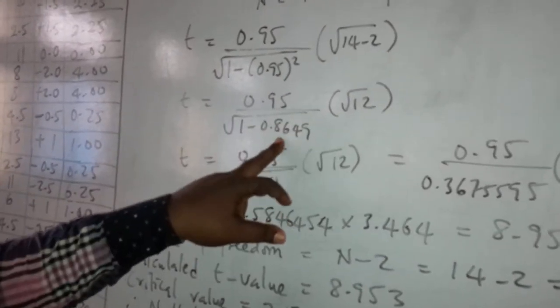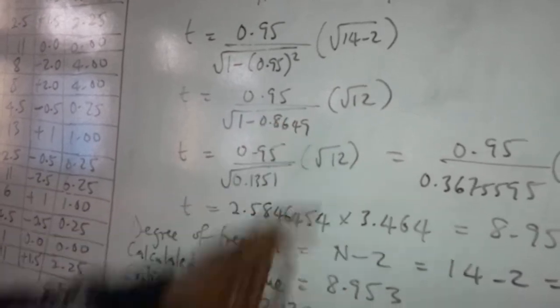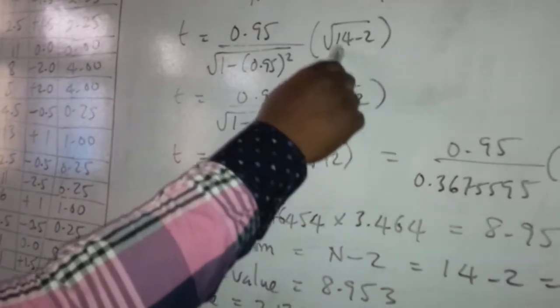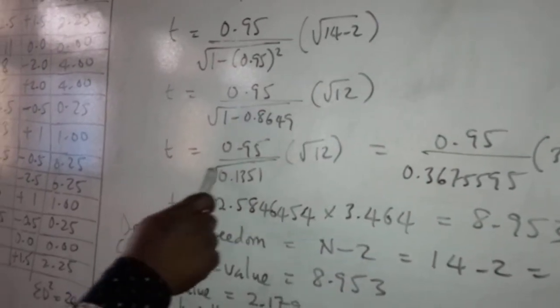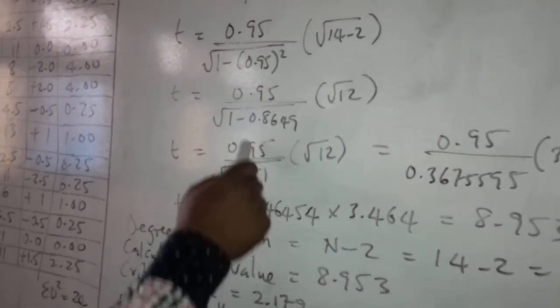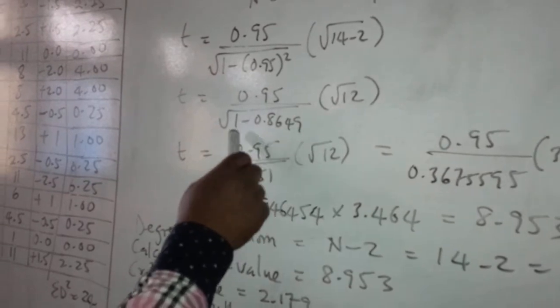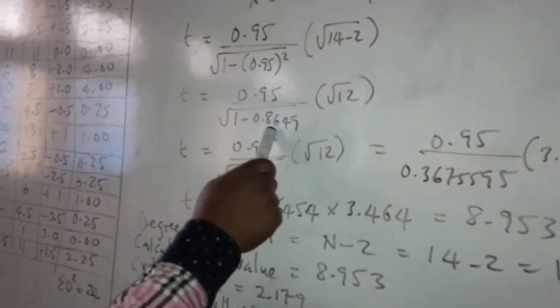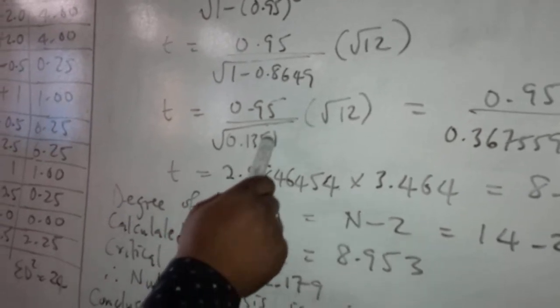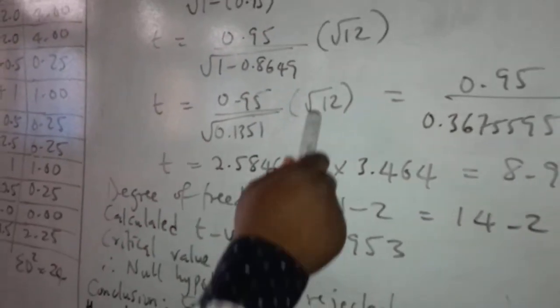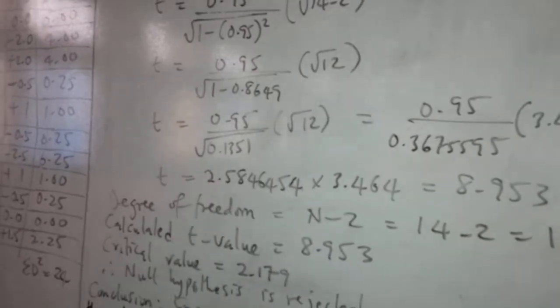And this is what it has given, 0.8649 into 14 minus 2 will give you 12. And then T is equal to 0.95 into, if you subtract 0.8649 from 1, what you have is 0.1351 into square root of 12.